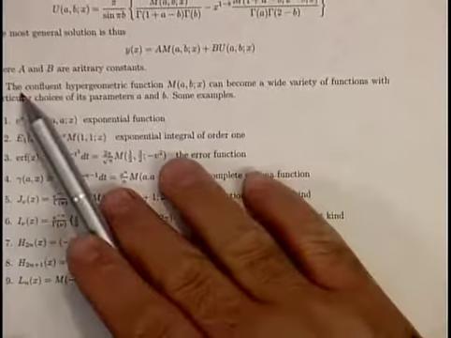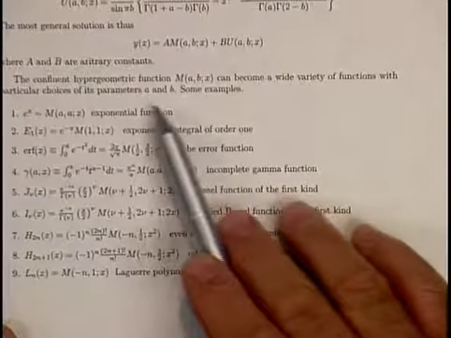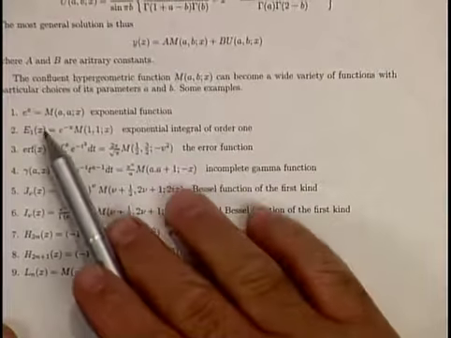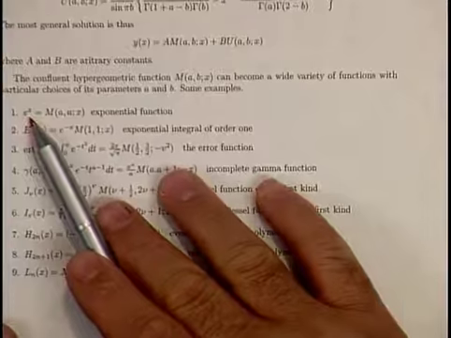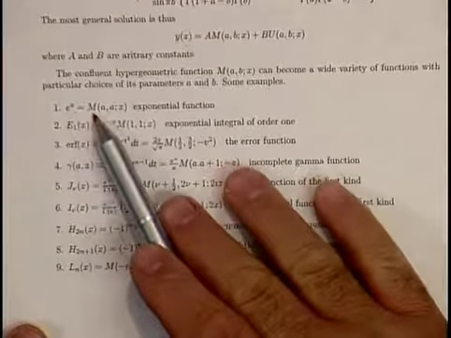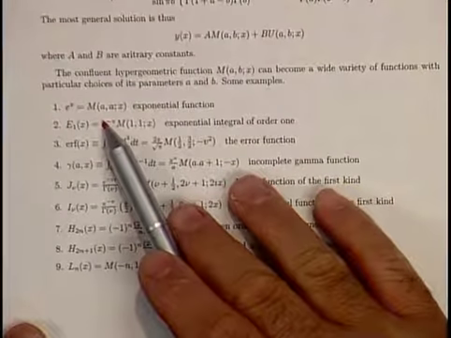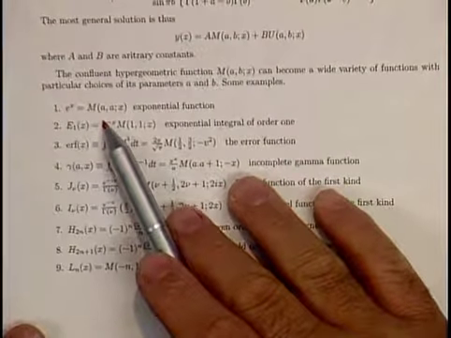So the confluent hypergeometric function can become a wide variety of functions with particular choices of the parameters a and b. For example, if you want to represent the exponential function, it is just M of a, a, and x. So in this case you choose the parameter b equal to the parameter a.